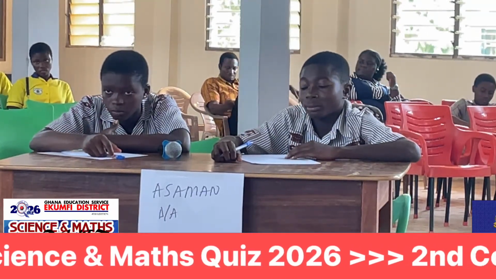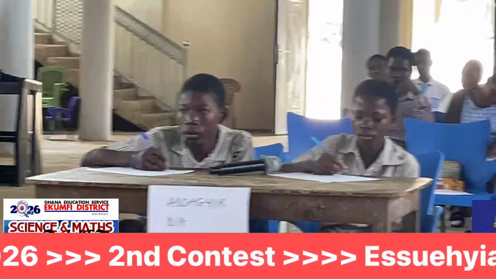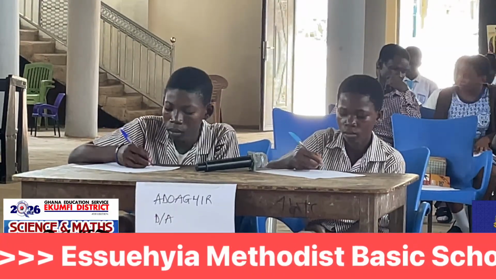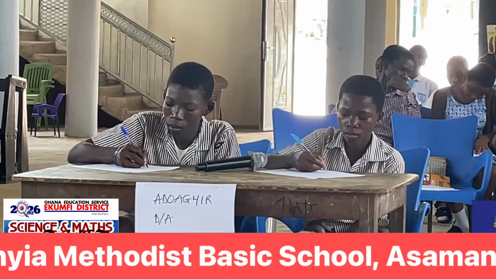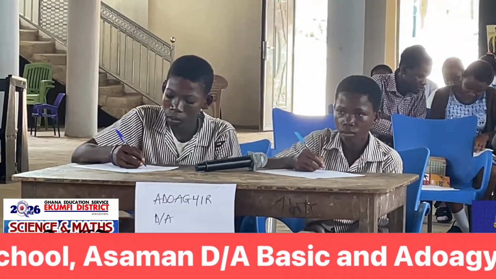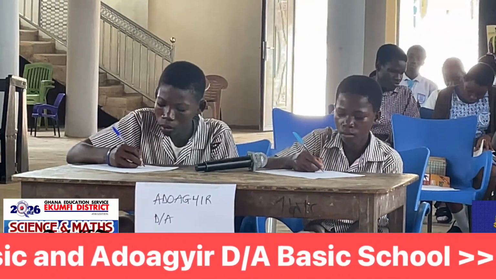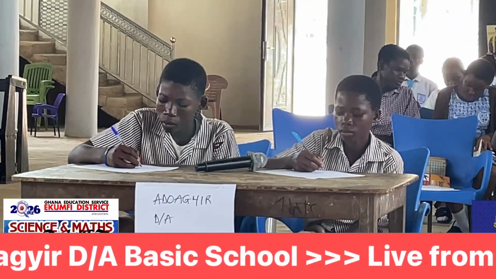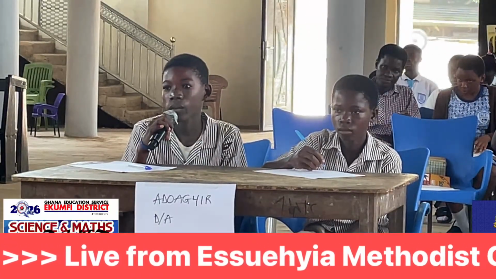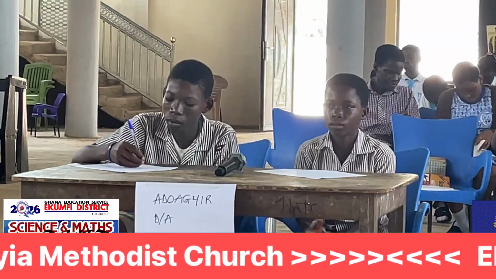Next question. Express the fraction 7/20 as a decimal. That is correct.